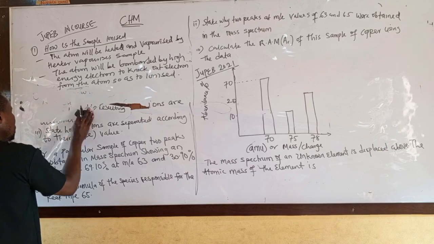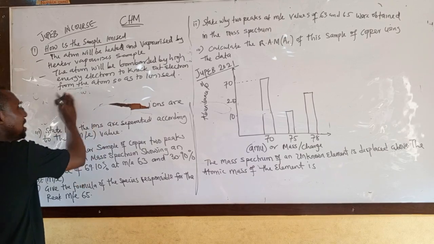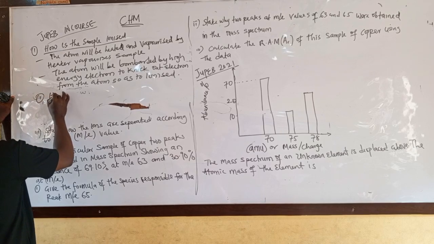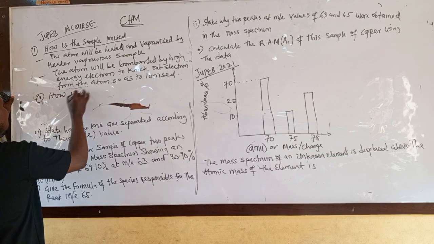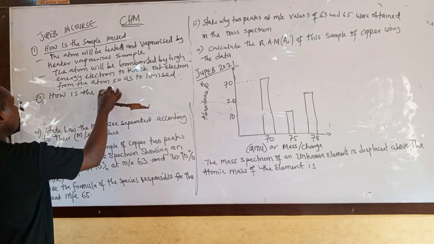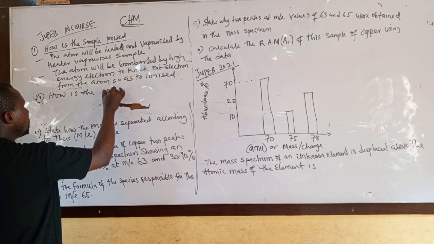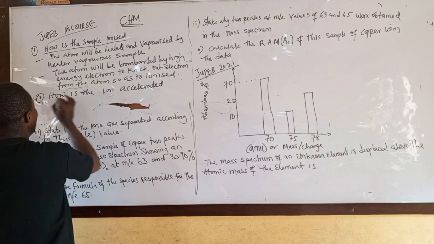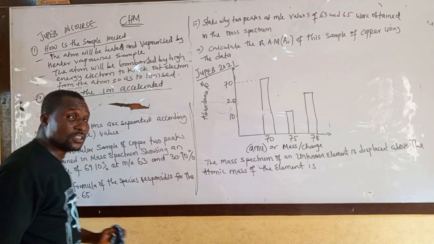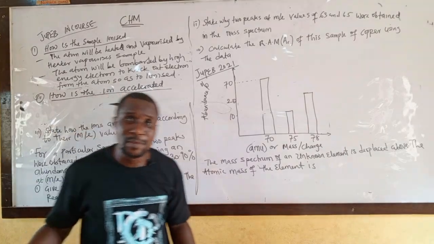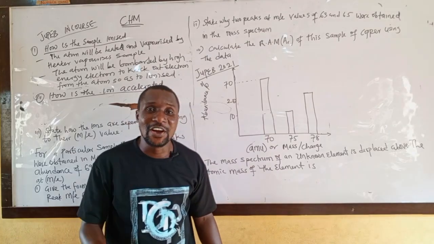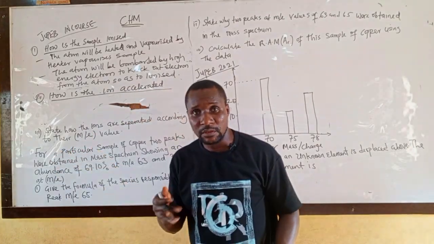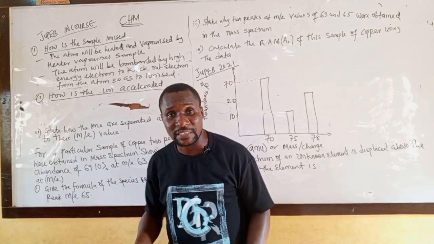Very simple. How are the ions accelerated? That is the accelerator stage. The ion will pass through the ion accelerator plate, made up of 2 electric plates. You can follow me the way I'm giving you the answer.